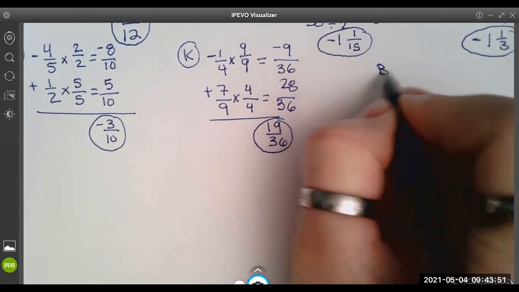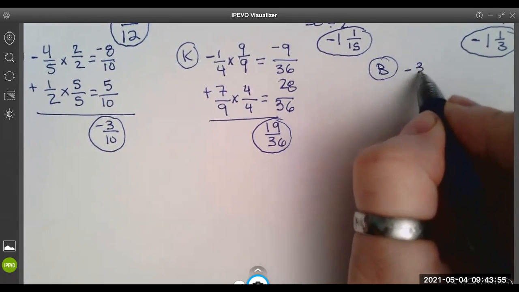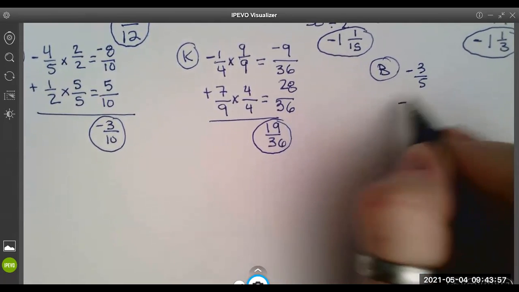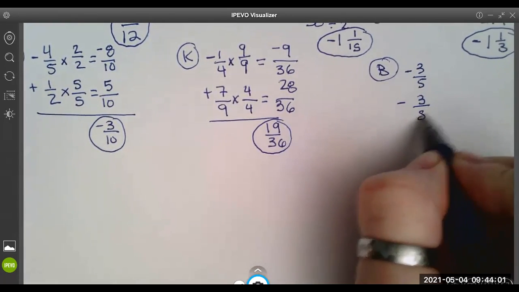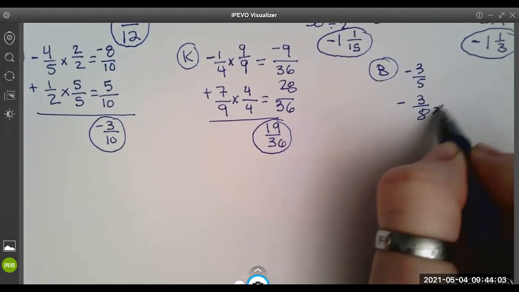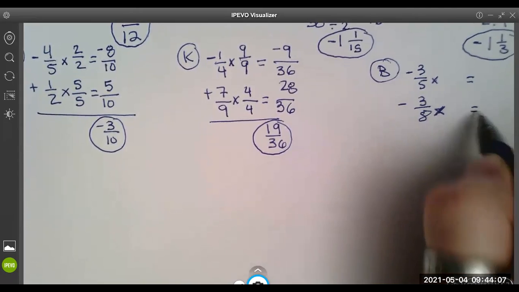Letter B. Negative 3/5, negative 3/8. But what are we going to multiply by? Can 5 divide into 8?